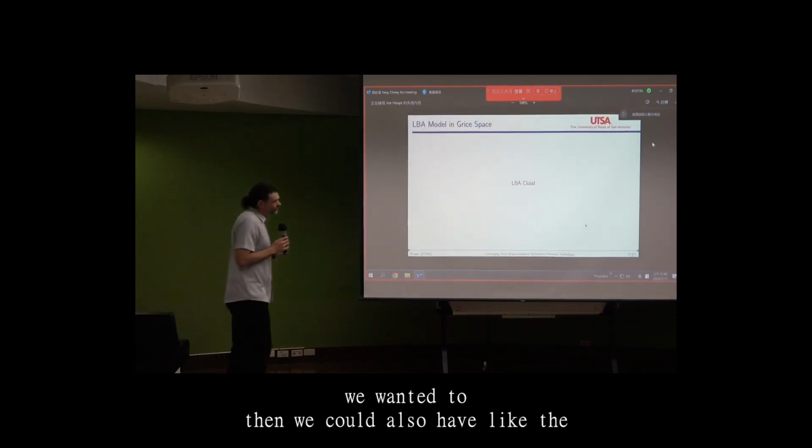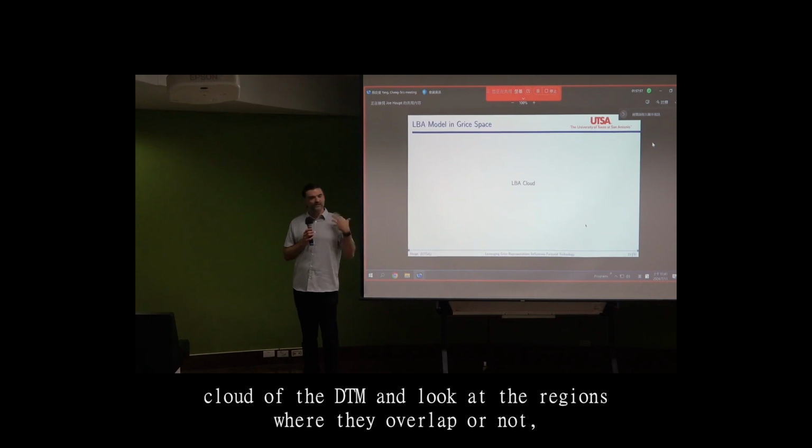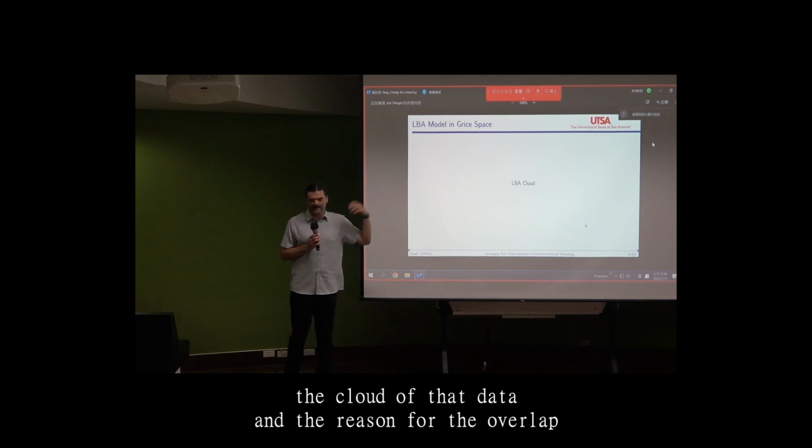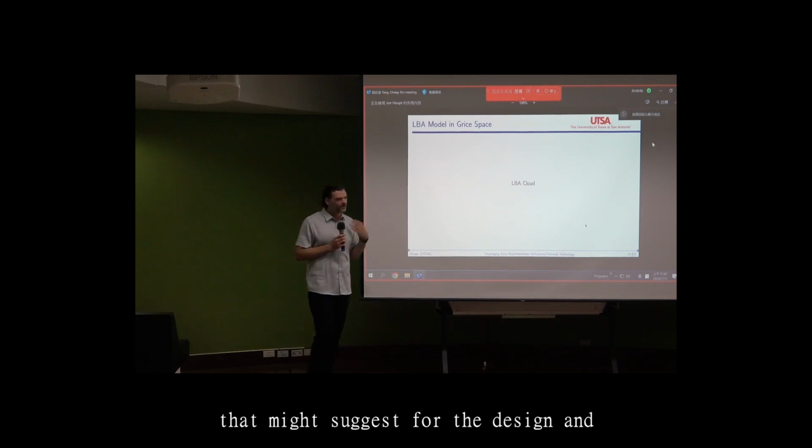So again, if we wanted to, then we could also have the cloud of the DDM and look at the regions where they overlap or not, the cloud of ACT-R and look at the regions where they overlap or not, and that might suggest experimental designs.